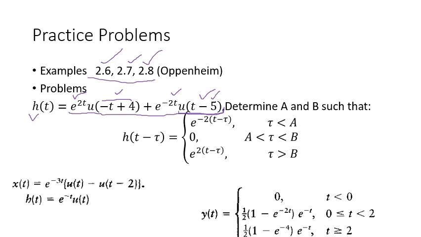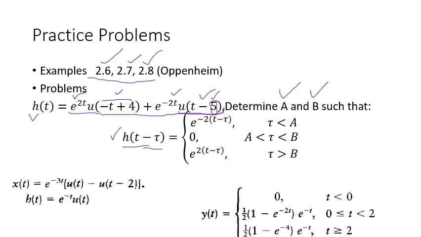Because 5 is positive, this signal has been shifted to the right, or we can say it is delayed by 5 units. Then you are given the reflected and shifted version of this, and what you need to find is the values of A and B. I hope that's straightforward and you can do it.